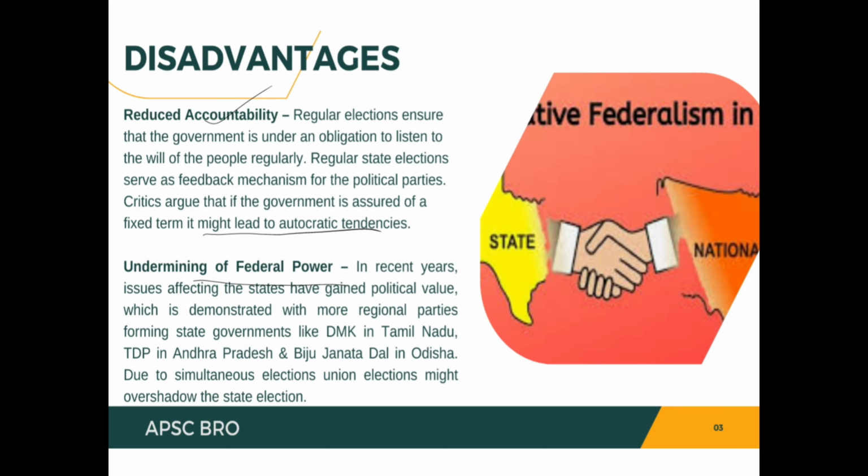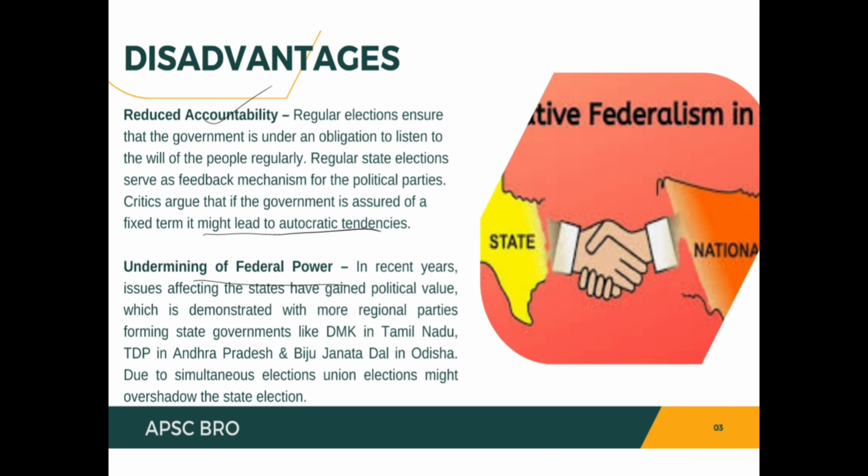My inclination will always be towards the center because that is the government which is going to control the entire nation. So somehow I am not giving much attention to my state or the regional issues. In this way, the state governments get less importance in a one nation one election system.